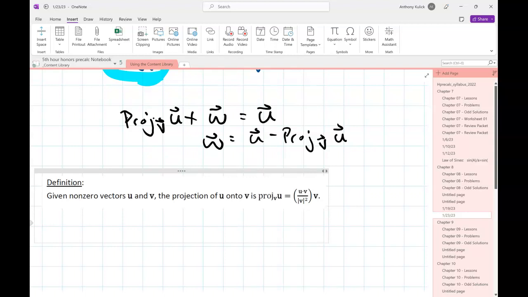That's all a scalar now, right? Since the dot product is a real number, the magnitude's a real number. So that's a scalar on the bottom times V. So all it's doing is it's taking vector V and shortening it down or lengthening it out so that it'll be that perpendicular component that I can add to get U.